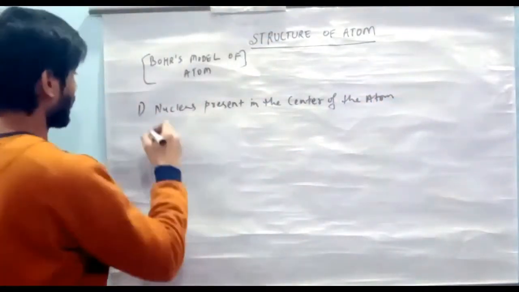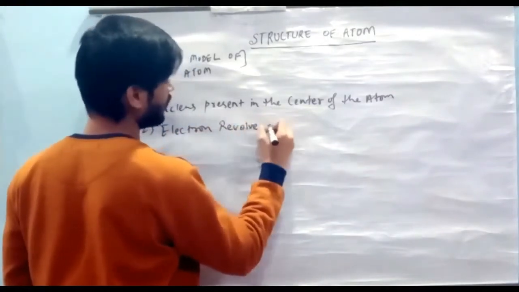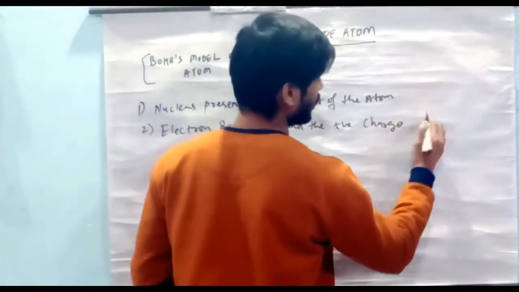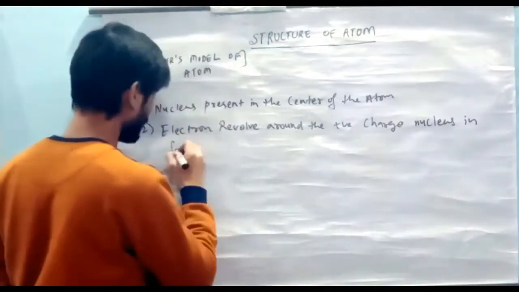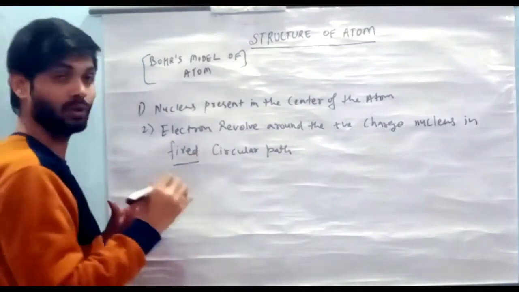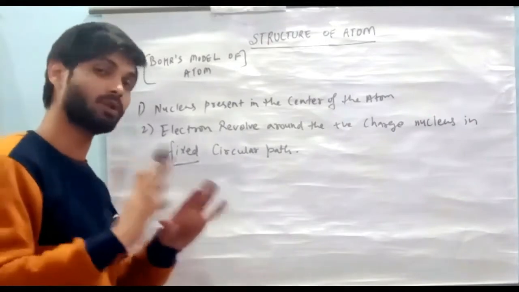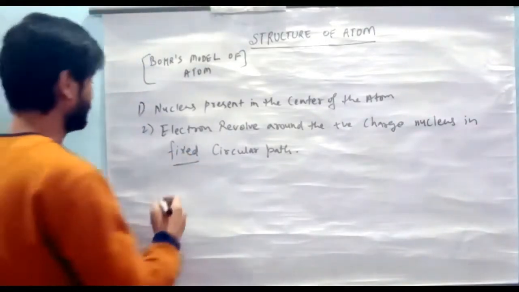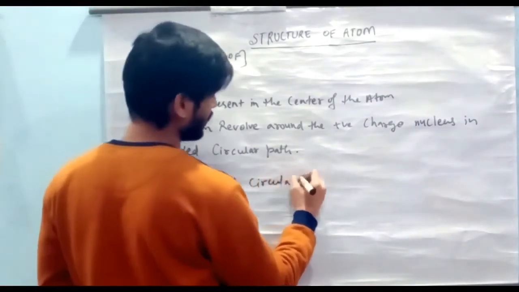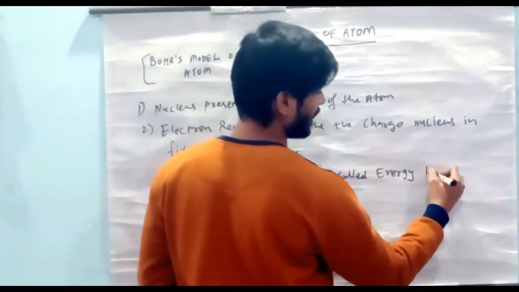Rutherford also said that, but the difference was that Bohr said electrons revolve around the positively charged nucleus in fixed circular paths. Rutherford only said electrons revolve around the nucleus in a circular path. Third, these fixed circular paths are called energy levels.